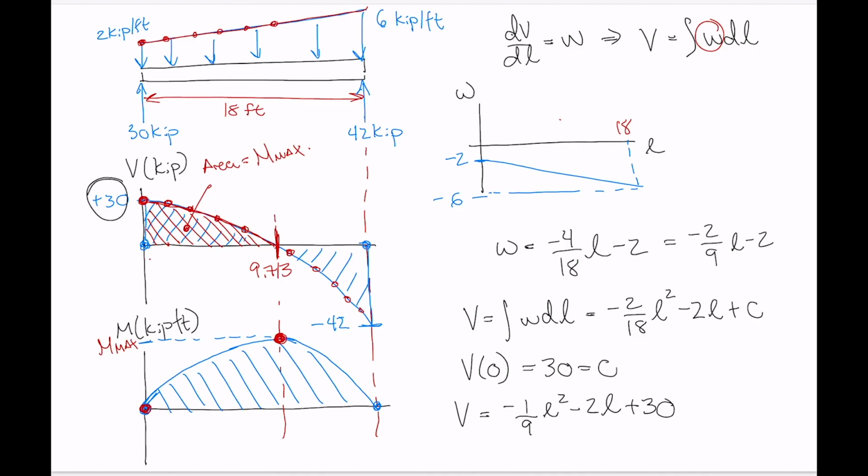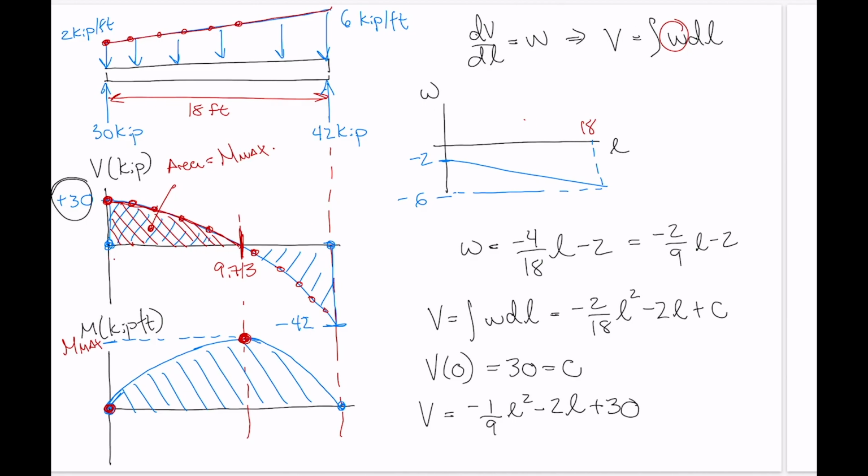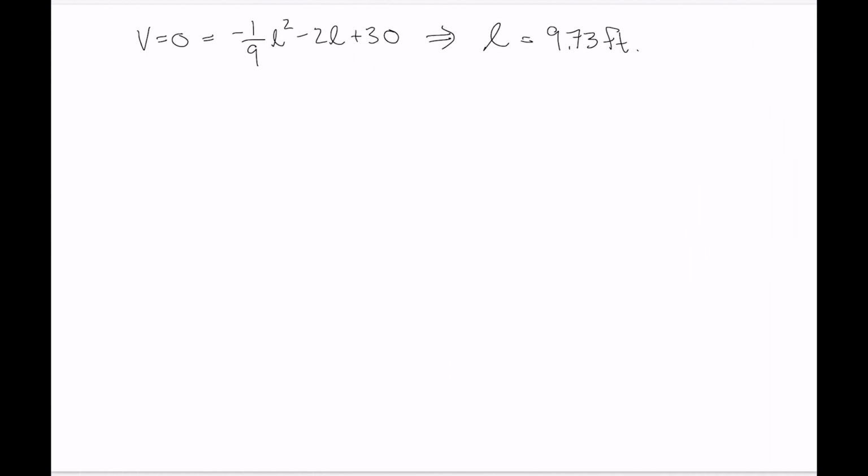So now, in order to get the maximum moment, we just need to integrate the equation for our shear curve between 0 and 9.73. So here we go.